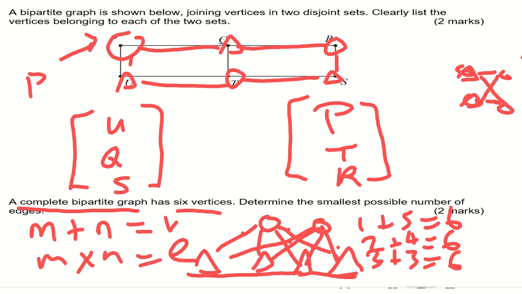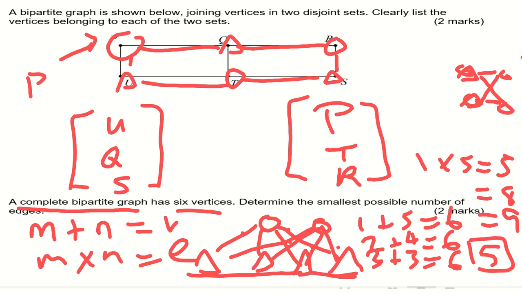Which one's going to give me the smallest e? 3 times 3 is 9. 2 times 4 is 8, so far 8 is winning. 1 times 5 is 5. 5 is the smallest. It's smaller than 8 and smaller than 9. So therefore, the smallest possible number of edges is 5.